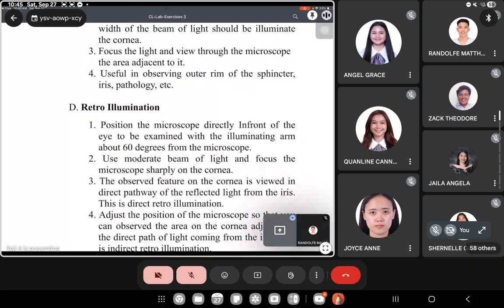Okay? Because what we're looking at in toric, of course, other than the reference mark that we will see, is the behavior of the contact lens, because it does not behave the same way as a sphere. A sphere, even if it rotates, will have the same power.